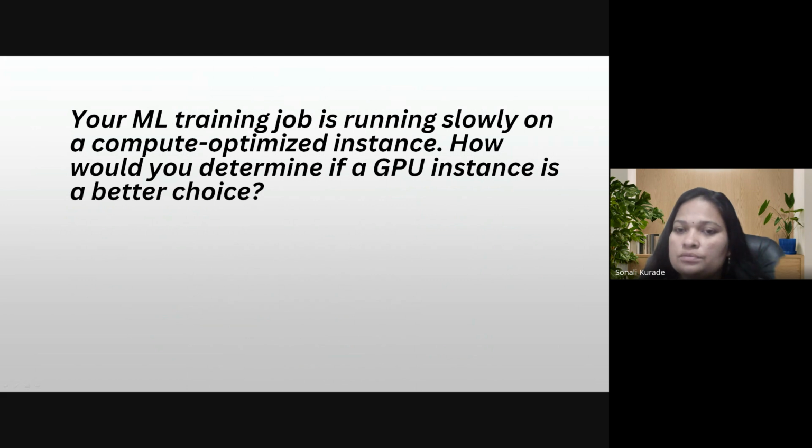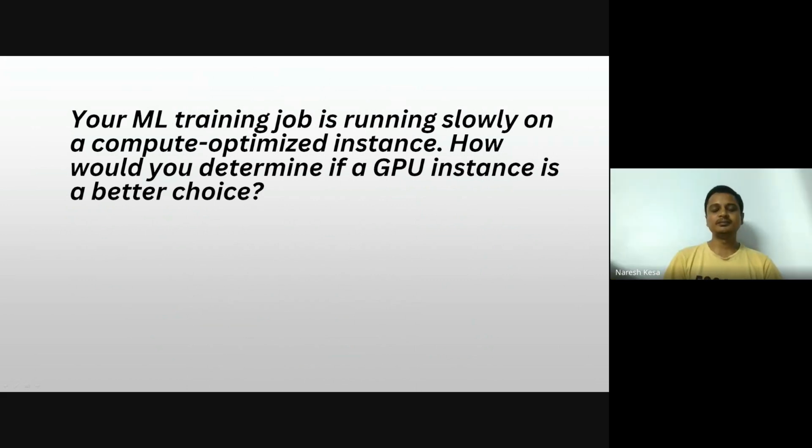Okay. Let's say we are training an image classification model. If we use a CPU instance, each epoch takes 60 minutes because the CPU processes matrix multiplications slowly. For example, CPU utilization is 100%, memory is okay, but it is progressing slowly.